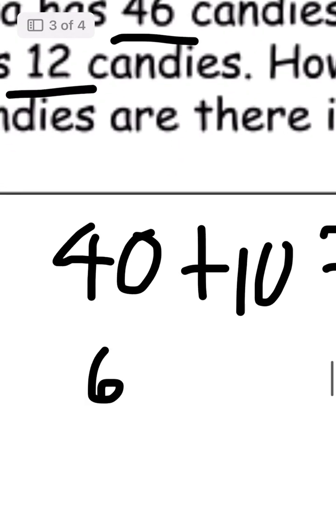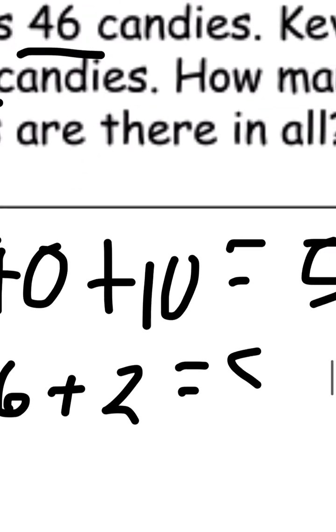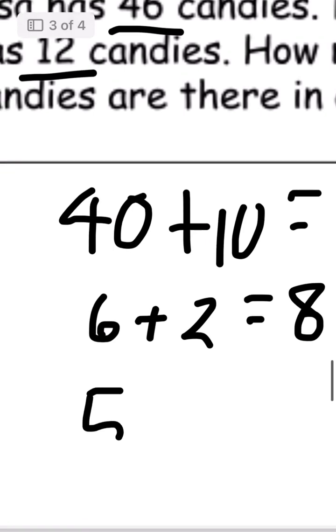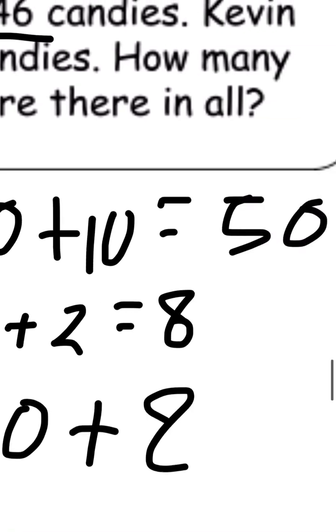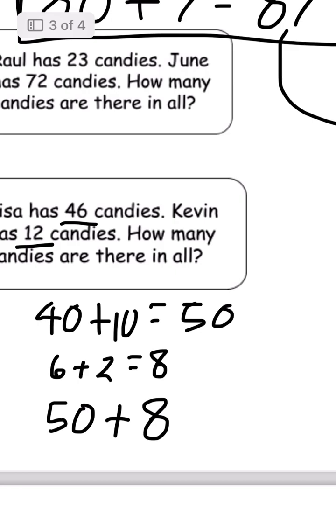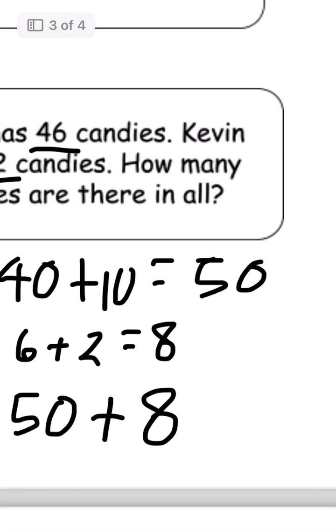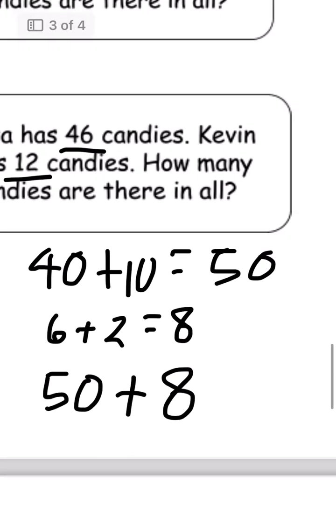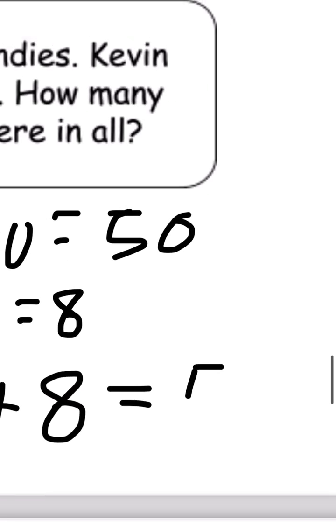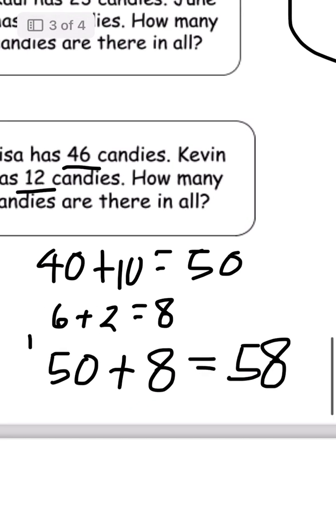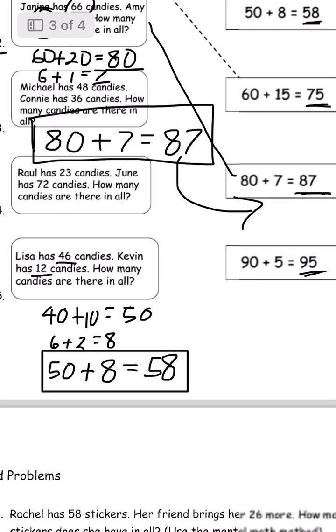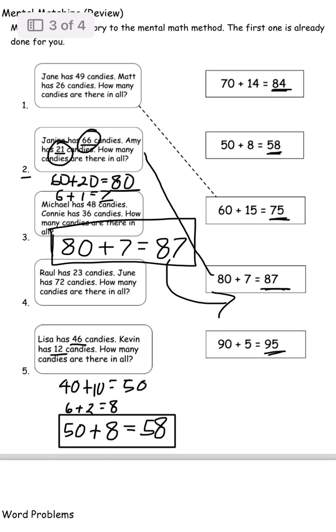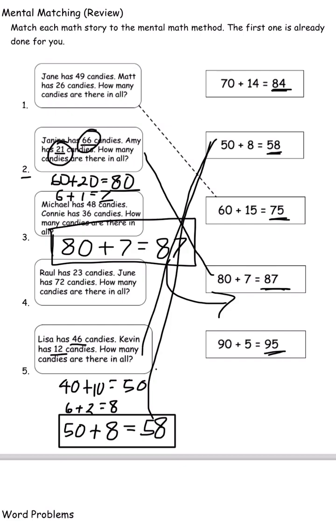And now we have to add the ones, which is 8. And then we add the sums, which is 58. So we have to find something that will match this, right? And that's right over here, the second one. So 50 plus 8 equals 58 should be the answer for number 5.